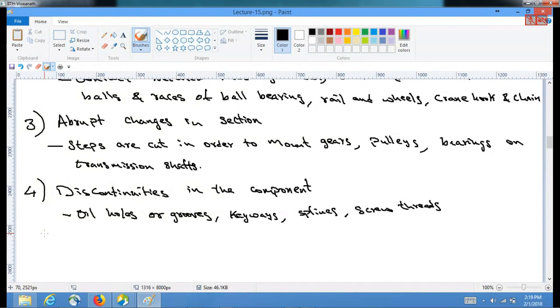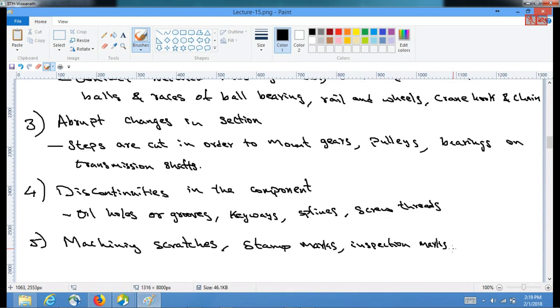And sometimes you can also have, because of machining scratches, and stamp marks in forging, inspection marks, surface irregularities. So these are the causes for the stress concentration factor.